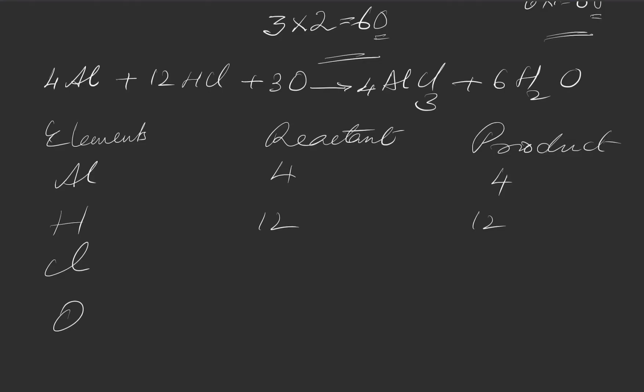How many chlorine? 12 on the reactant side. 4 into 3, 4 3s are 12 on the product side. Oxygen, how many oxygen? 3 O2. Sorry, I forgot to put a 2 here. It's not simply O, it is O2. Sorry for that. 3 into 2, 6 oxygen, and here 6 oxygen. Aluminium balanced, hydrogen balanced, chlorine balanced, oxygen balanced.